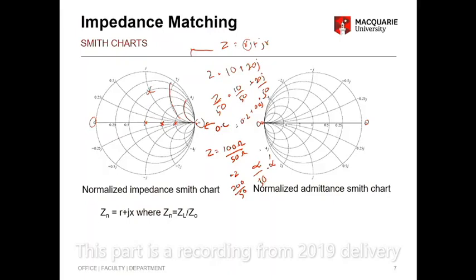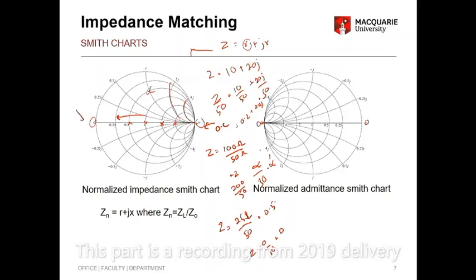If you have an impedance of 25 ohms, divided by 50, that's 0.5, that's this point. Likewise, if I go towards the left, if I have 0 impedance, it's a short circuit, divide by 50, that's 0, and that's here. So this is a short circuit.